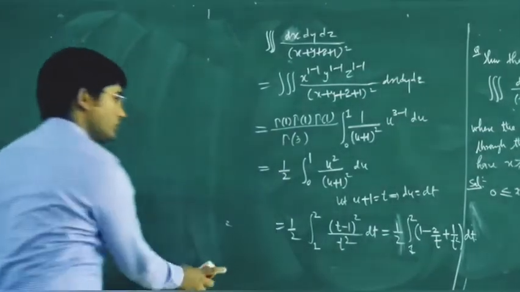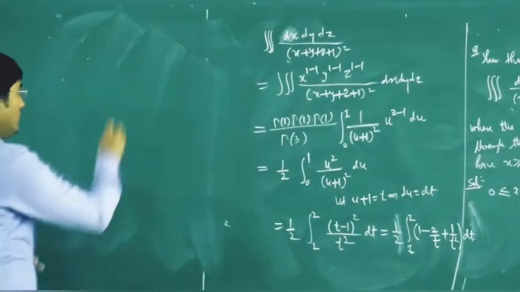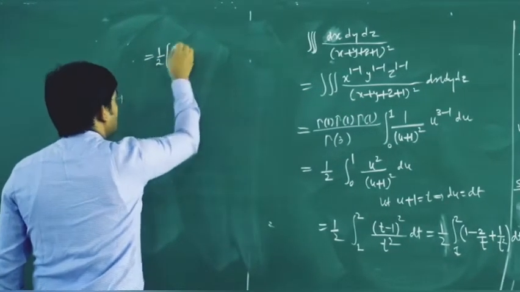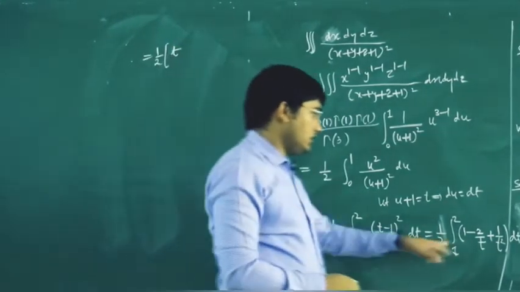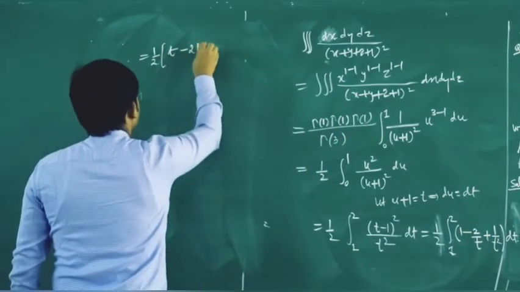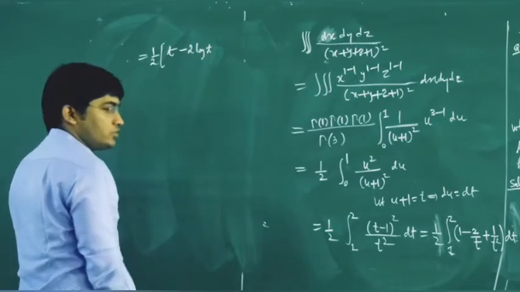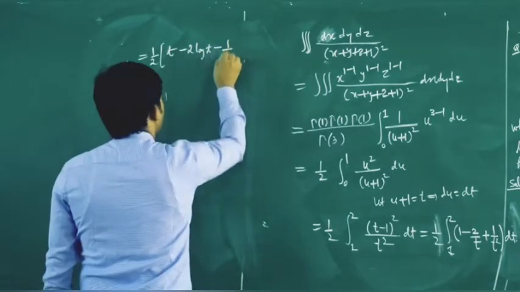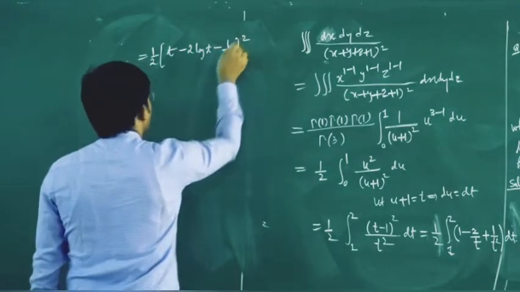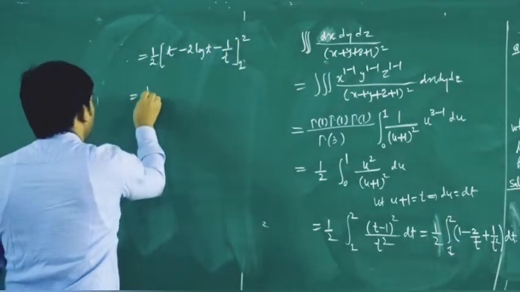So after integration we will get 1 by 2, then the integration of 1 is t. Now integration of 1 upon t will be log t, then integration of 1 upon t square will be minus 1 upon t, and then we will have the limits from 1 to 2. Now this is equal to 1 by 2.